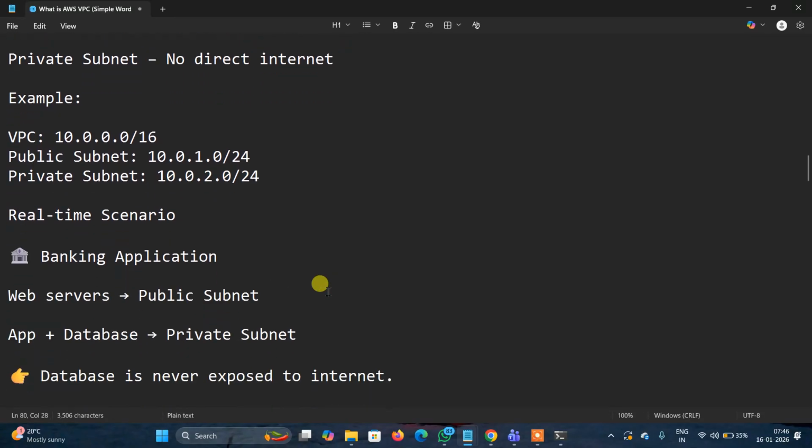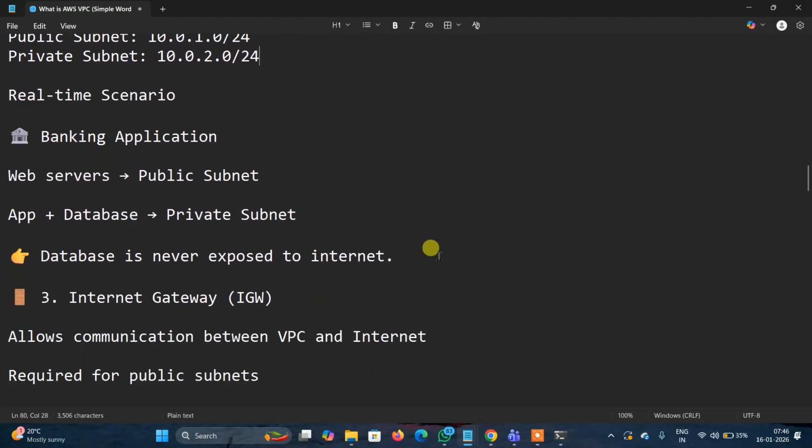In a real-time scenario, I need to deploy a banking web application, where I need app and database servers. You will keep application servers and database servers on the private subnet, because the database is never exposed to the internet. If you expose database servers to the internet, hackers may attack and steal the data. To avoid such a situation, all database servers are kept private. We don't have any public access.